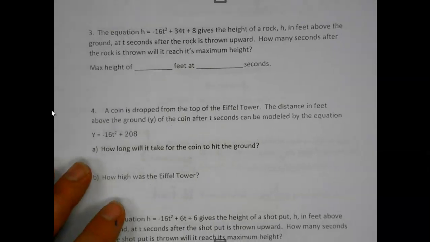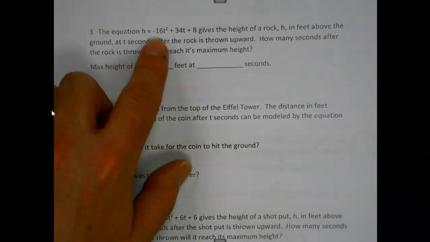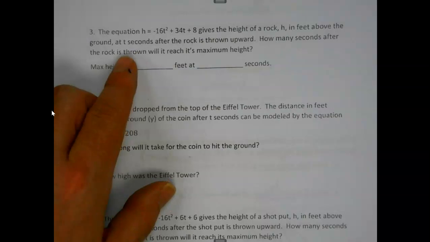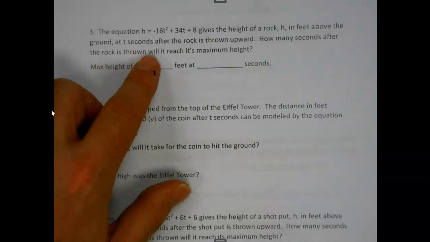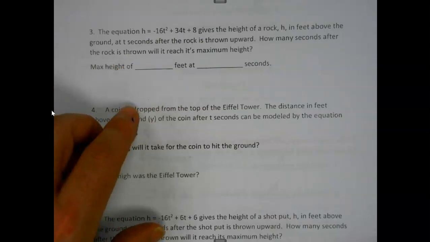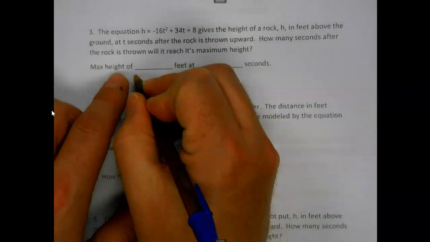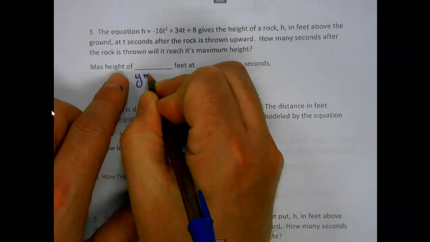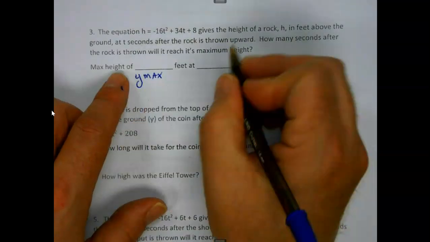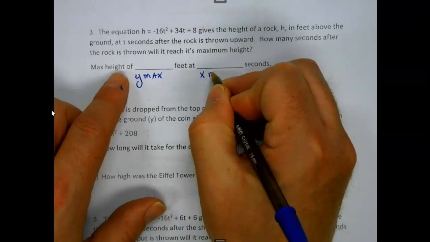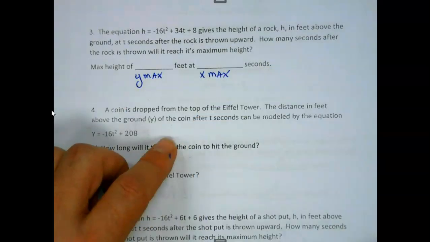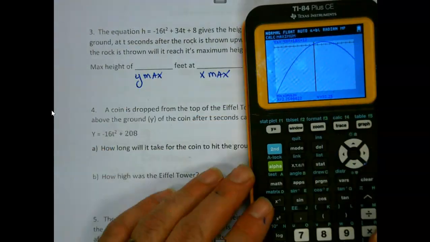Okay, let's do number 3. This equation gives the height of a rock in feet above the ground at t seconds after the rock is thrown upward. How many seconds after the rock's thrown will it reach its maximum height? The height is the y value of your maximum. The seconds is the x value of your maximum.